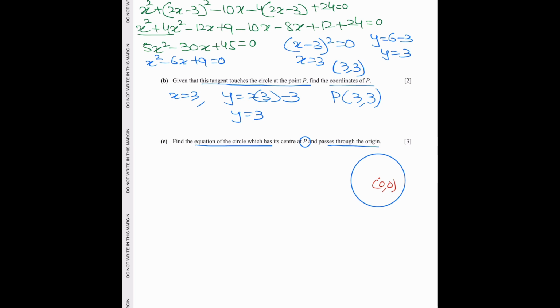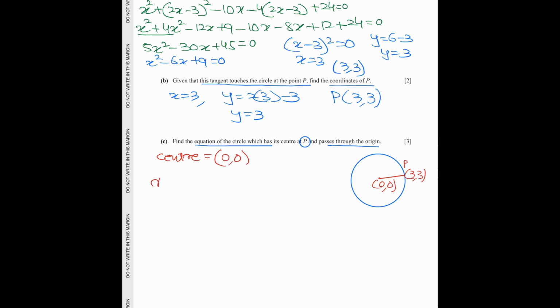The point P is 3 3, so this is point P. It is 3 and 3. Now you only have to find the radius because the center is given.